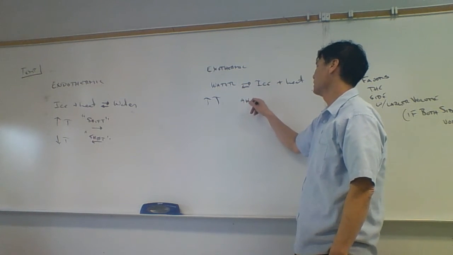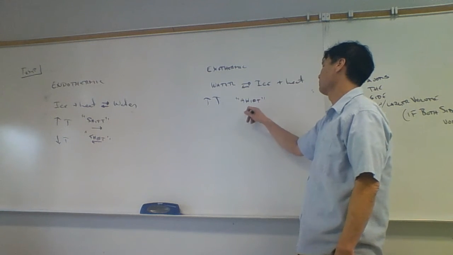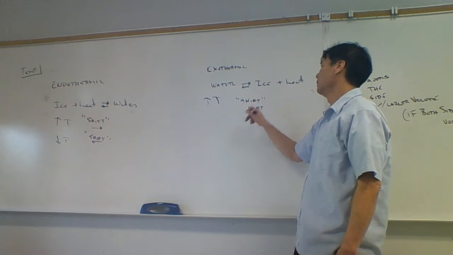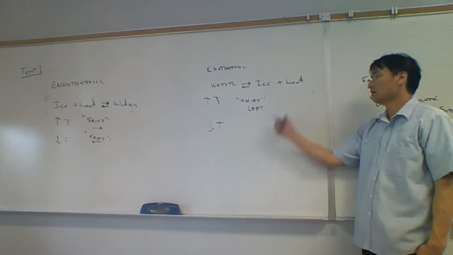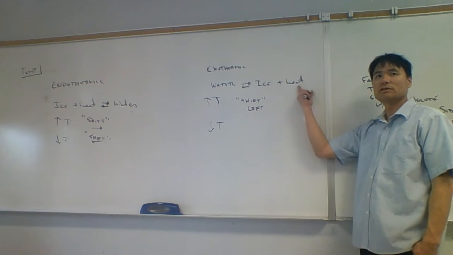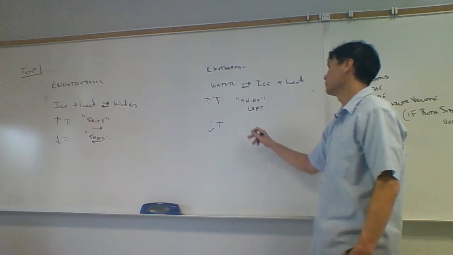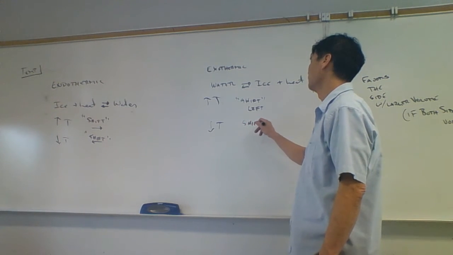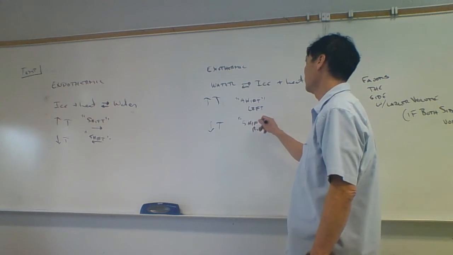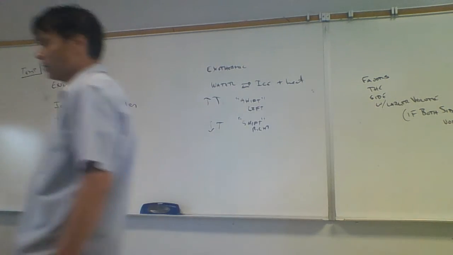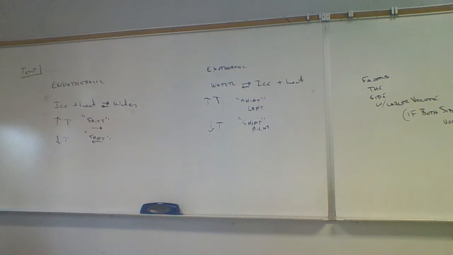So the shift is to the left. Okay, if I decrease the temperature, that is, if I remove heat, it should shift to the right and make more ice. Shift right. And so for heat or temperature, it's a little bit more tricky because we've got to look at reaction by reaction.